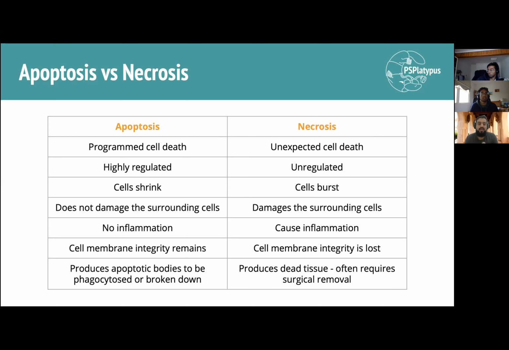In apoptosis, the integrity of the cell membrane remains. And apoptosis produces apoptotic bodies. These products will not cause any inflammation or damage to the surrounding cells, and they will be phagocytosed or broken down. However, necrosis does produce dead tissue, which can cause damage to the surrounding cells.